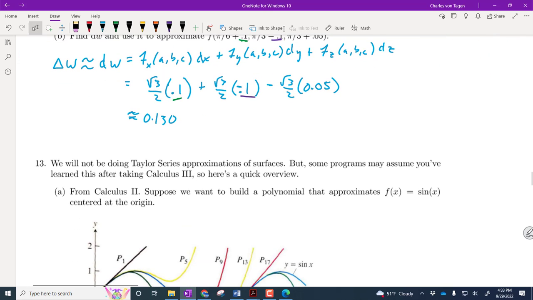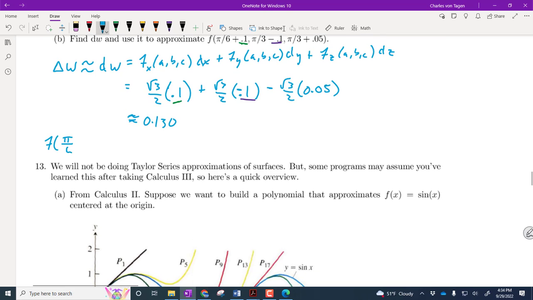So we already know that f of pi over 6, pi over 3, pi over 3 was 1/2, right?